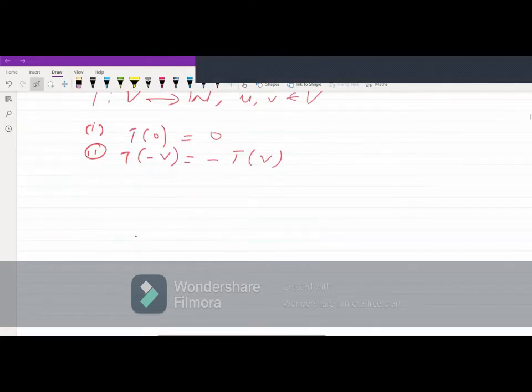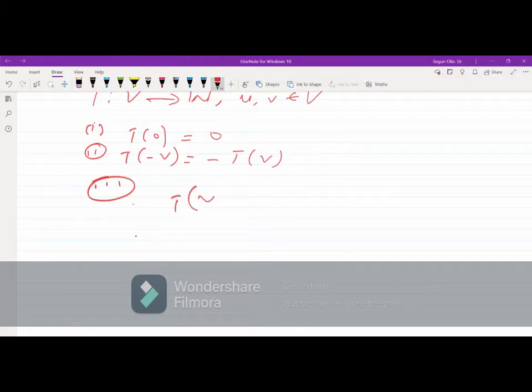Number 3 says, T of U minus V is the same thing as T of U minus T of V. Please, let's take note of that.